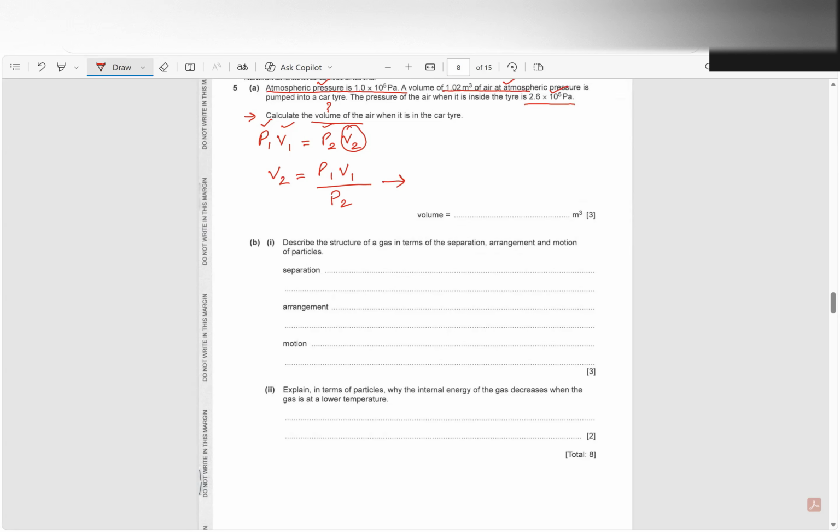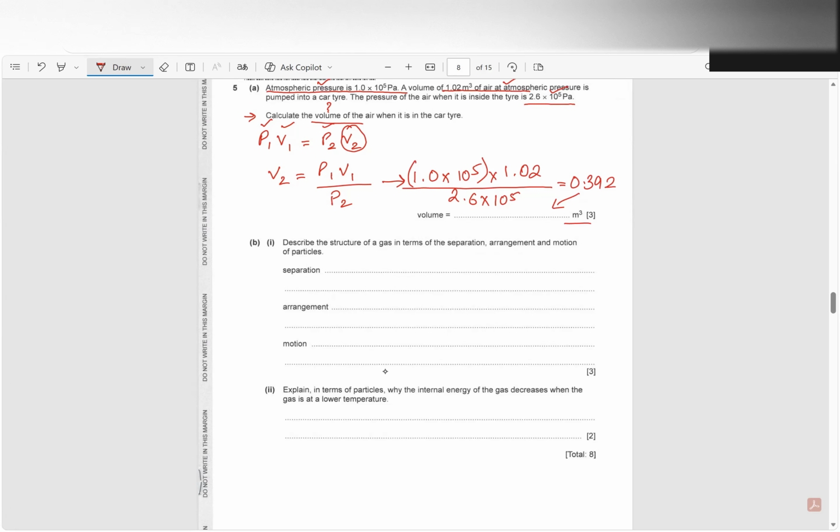The values are 1.0 into 10 raised to power 5 into 1.02. Divide it with the final pressure, which is 2.6 into 10 raised to power 5. What is the answer? The answer is 0.392. So this is something that we're going to tell here.